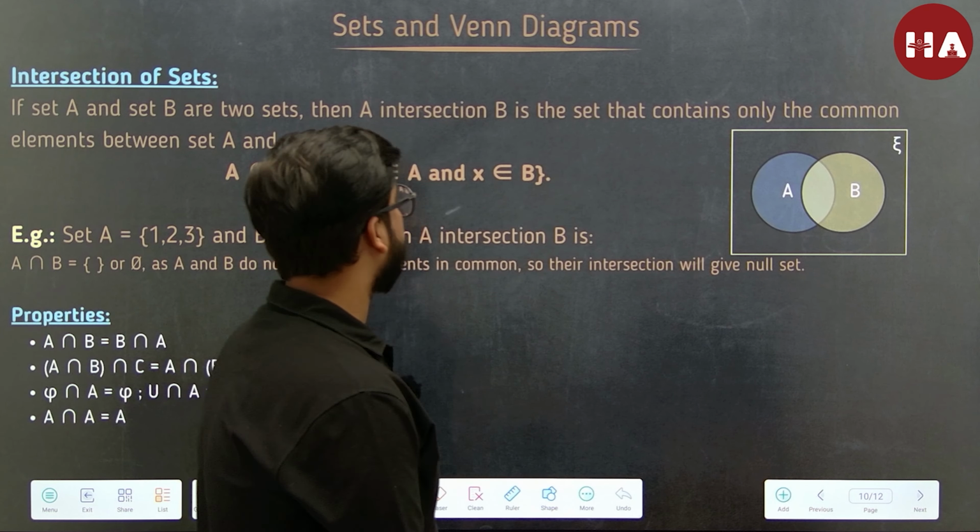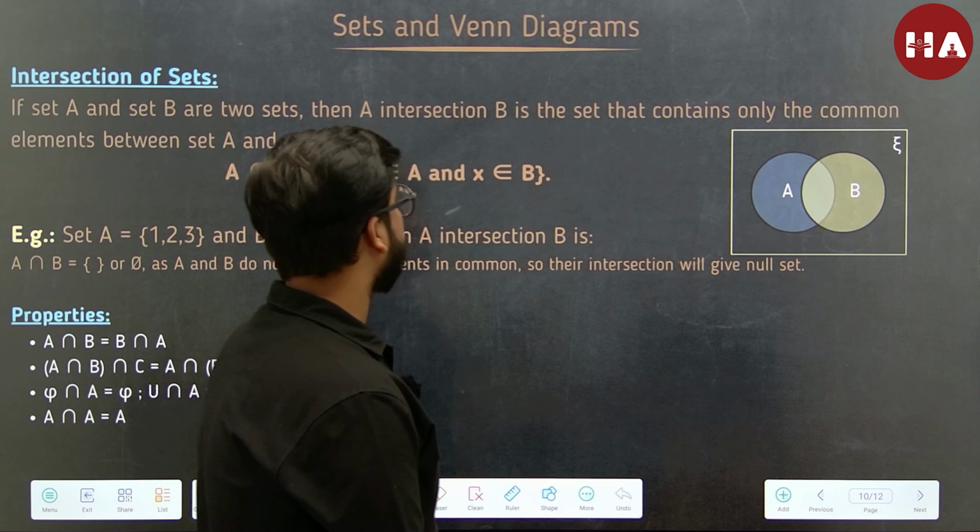Okay students, let's proceed further. Now, complement of a set. What does complement of a set mean? It is the portion which is not in the set. If there are two sets A and B, and I say not of A, I'll write it as A complement.